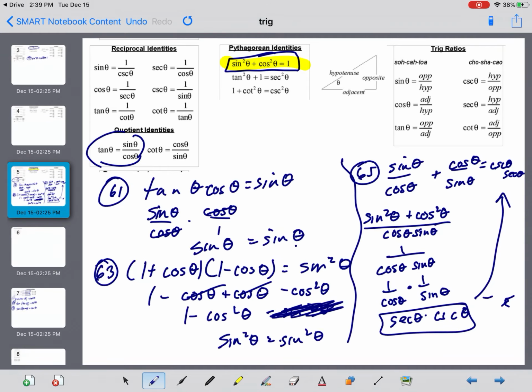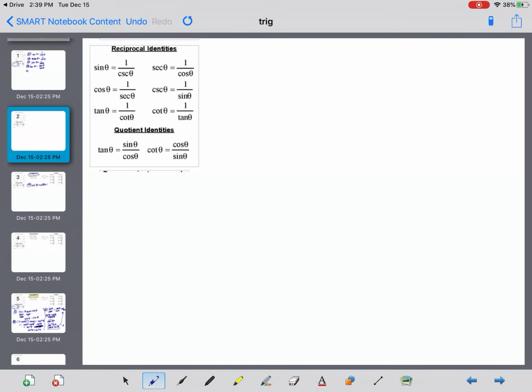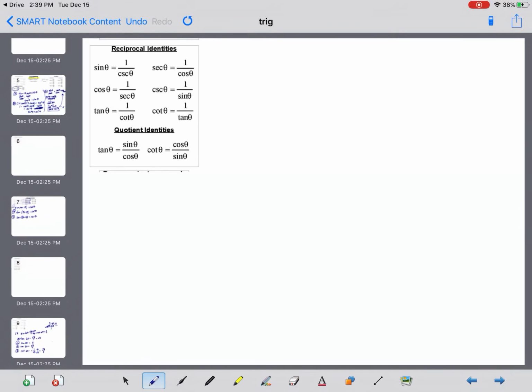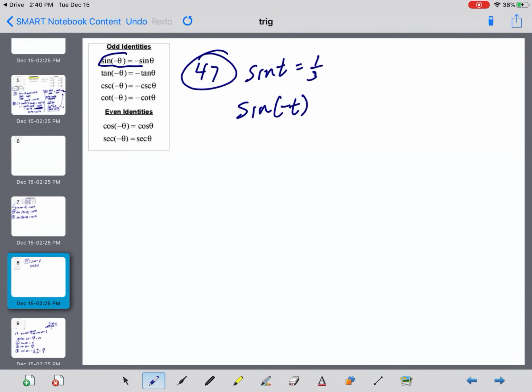Now, there were 2 questions on page 271, and those 2 questions refer to these negative values, the evens and odds, right here. So in number 47 on page 271, it said sine t is equal to 1/3, and it asks for sine of negative t.